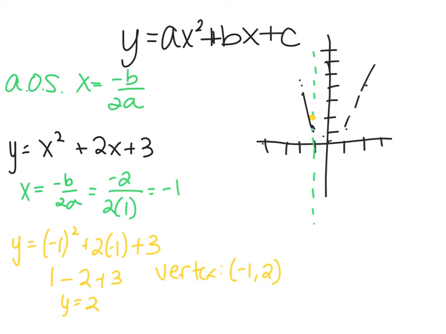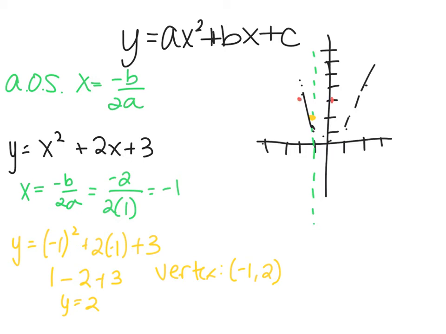So what I'm going to do now is take my graph, and since my a value in this problem is 1, it means I'm using my parent function just as it is. I'm not changing any of the y values. So when I go graph my function, I'm going to start at negative 1, 2, and then go up 1 over 1.